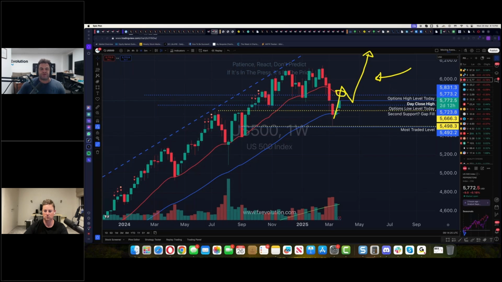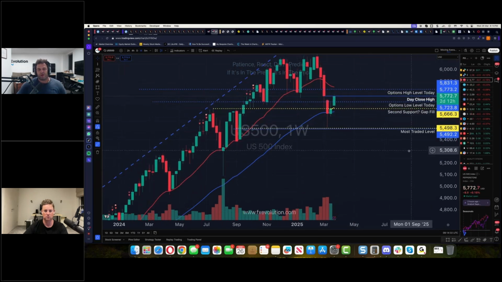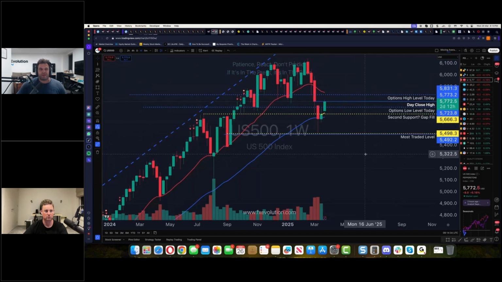But just as likely, and probably even more likely if we look at the actual trend itself, we may roll over here and look out if we get a break below that 5,500, because then we're looking at a significant pullback down to around probably 52.50 to 53.